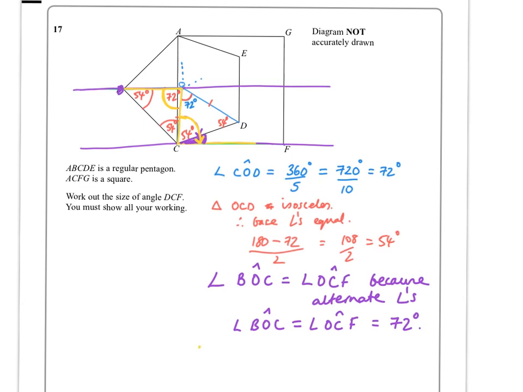So therefore we can say angle DCF is equal to 18 degrees, because that's an upside down therefore sign, so because angle OCD plus angle DCF equals 72 degrees.